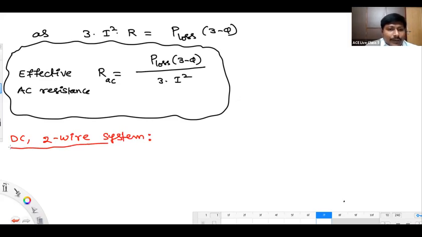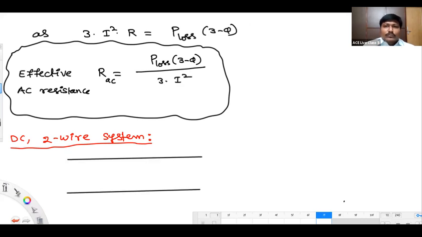Two-wire system. So we have two conductors, one as a forward and the other as a return. So I'll show here. It's a forward conductor and it's a return conductor. You name it conductor A and conductor B. And on this side, I'm keeping one DC voltage source, and this side I'm connecting one load.